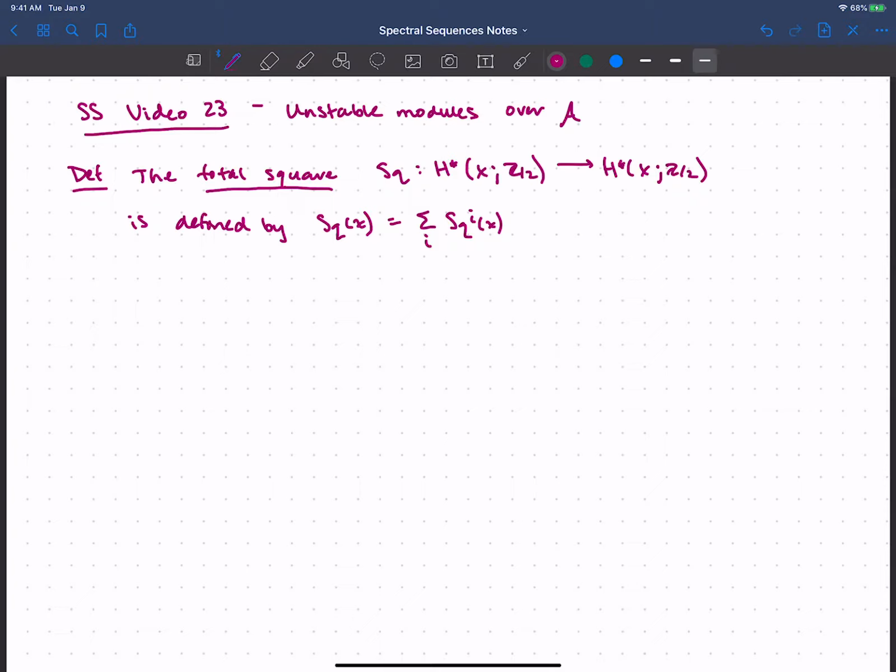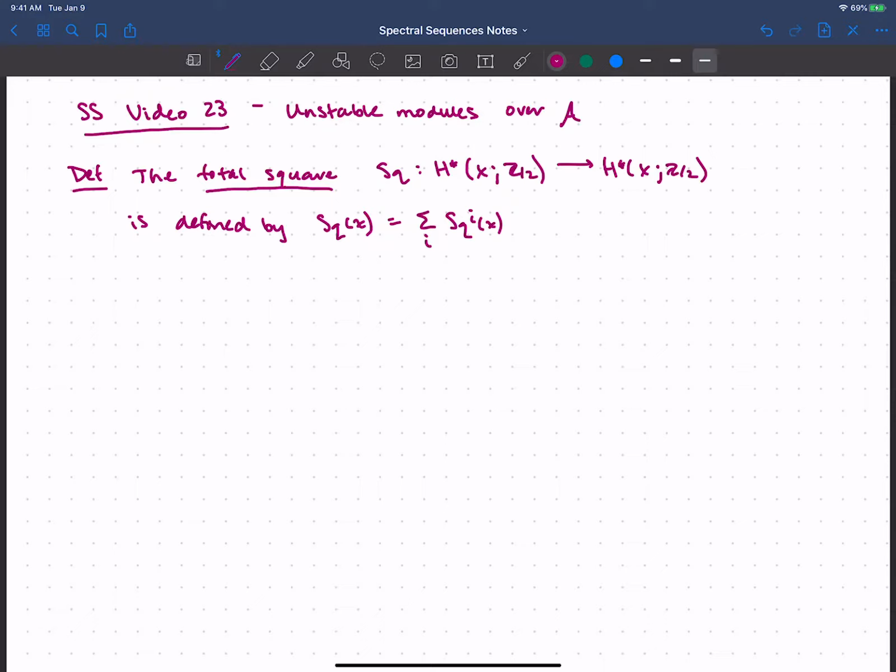Normally when we look at cohomology, we really only consider homogeneous elements, right? This is a graded ring, but I only care about the homogeneous things because those are the things that have topological meaning to me. And this total square is, of course, not homogeneous. It's going to give me a bunch of classes in various degrees because the Sq^i raise the degrees by i. But then I can pick out the homogeneous pieces to learn something about the Sq^i.